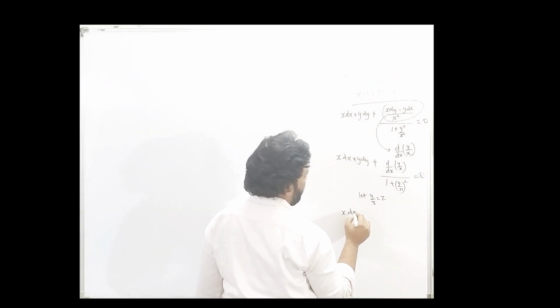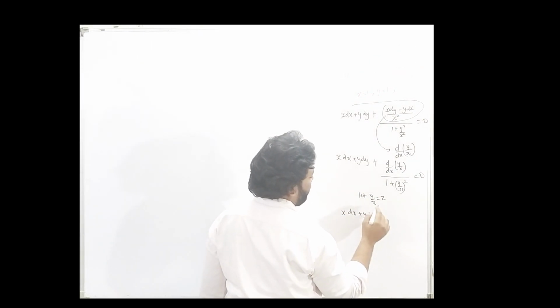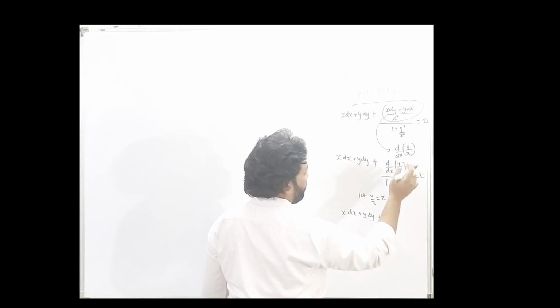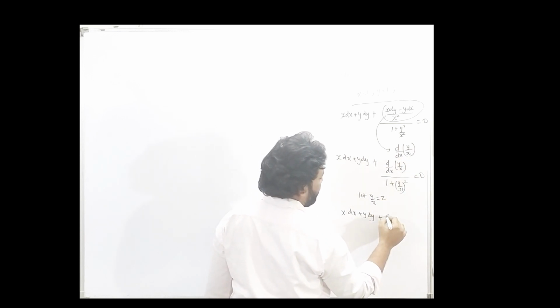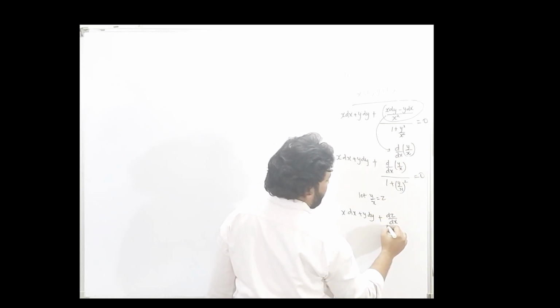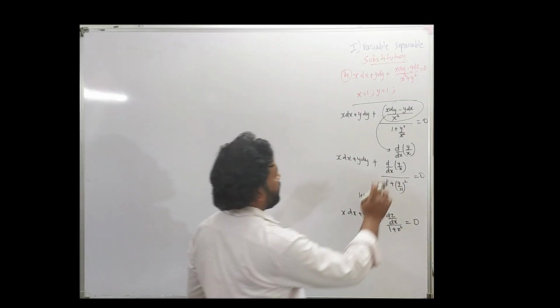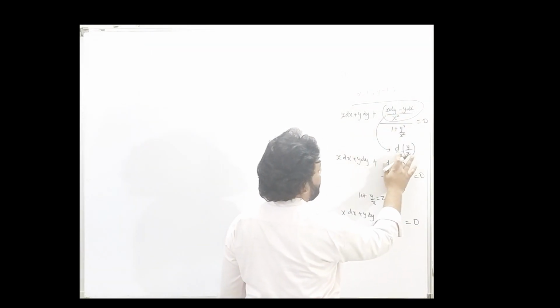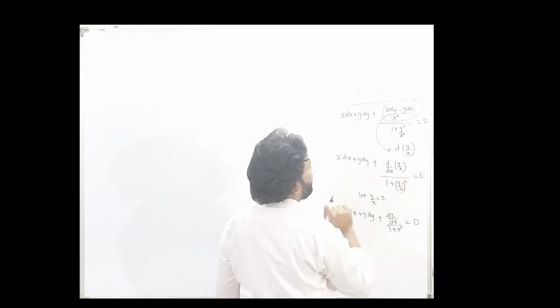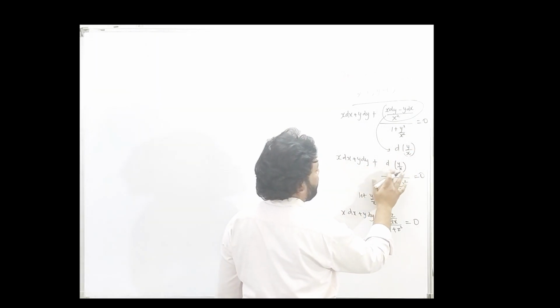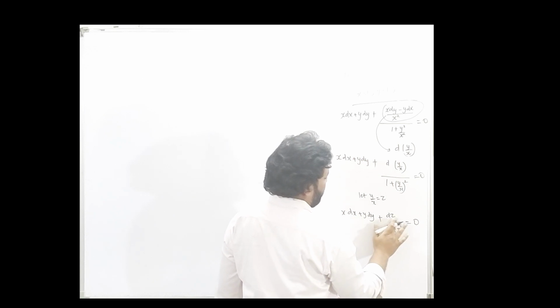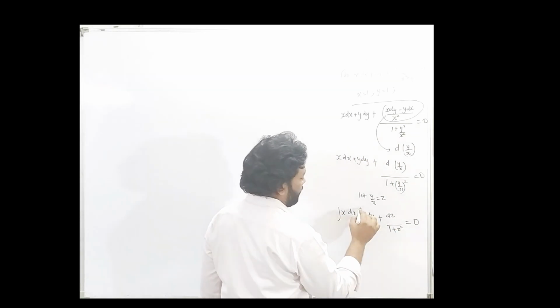So x dx plus y dy is just a substitution of y by x, nothing to differentiate. So dz by dx upon 1 plus z square equal to 0. Now this term is just a differentiation of y by x. We don't have to put the differentiation x. So now it's possible to integrate.